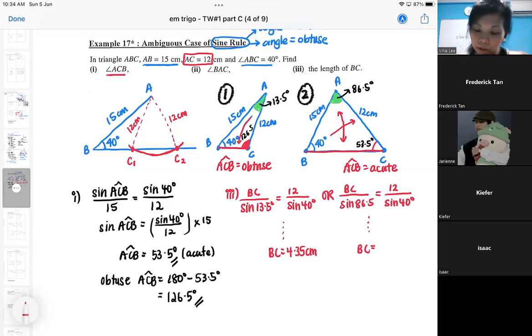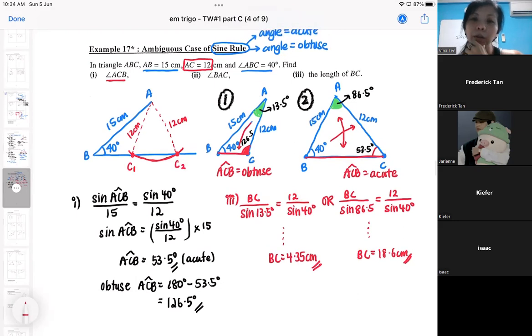And in this case, you will get 18.6. Because there are two cases, everything will have two possible answers. So I repeat, that only applies for sine rule, and only when you have two lengths and one angle, and the angle is not included usually.